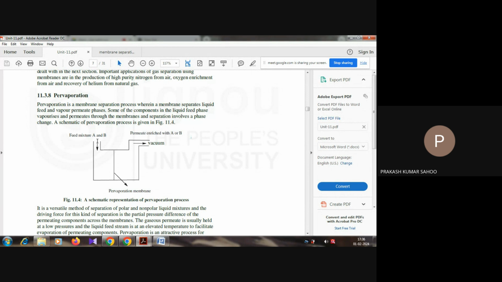This is the mixture A plus B, and by using a pervaporation membrane, only the vapor part will separate. That is a vacuum. Some of the components in the liquid feed phase vaporize and permeate through the membrane, and the separation involves a phase change. So here, from liquid to vapor phase, the phase change will be there.